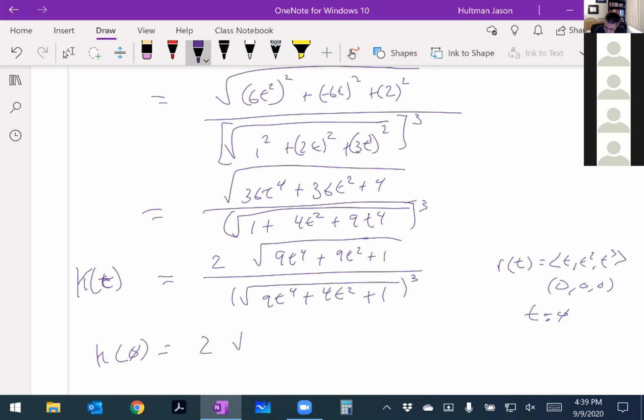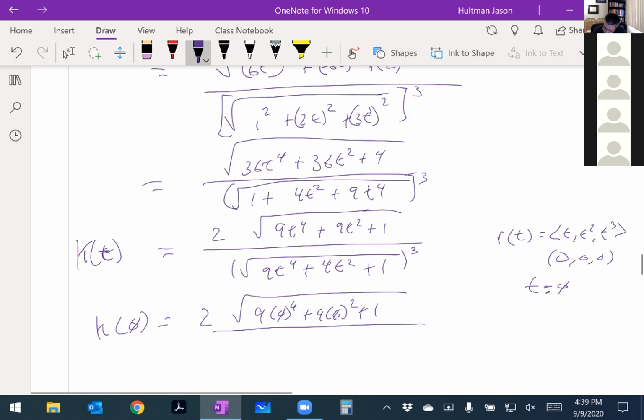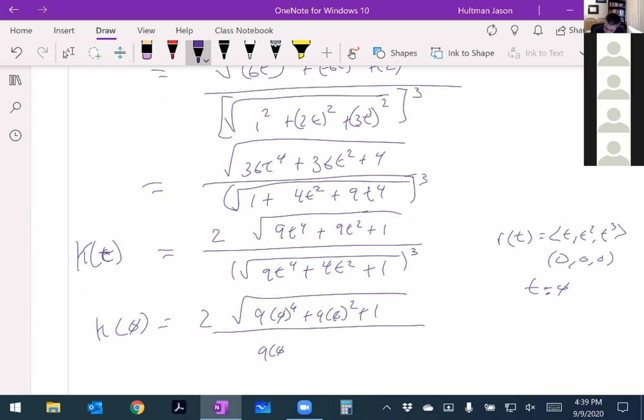Let me plug this in so that you know what I did in your notes. 9 times 0 to the 4th plus 9 times 0 squared plus 1, all over 9 times 0 to the 4th plus 4 times 0 squared plus 1, and that equals 2. So the curvature there was 2.